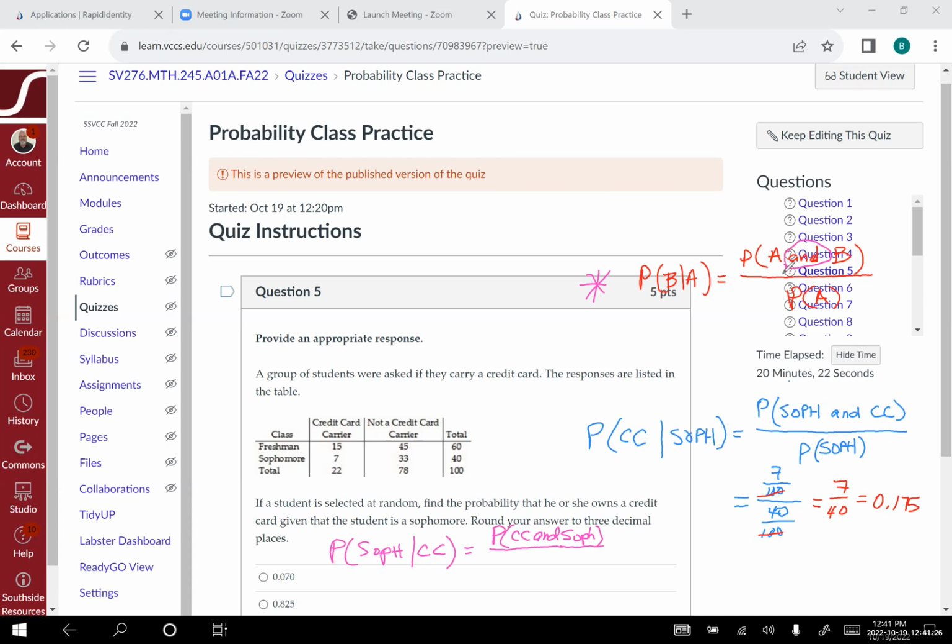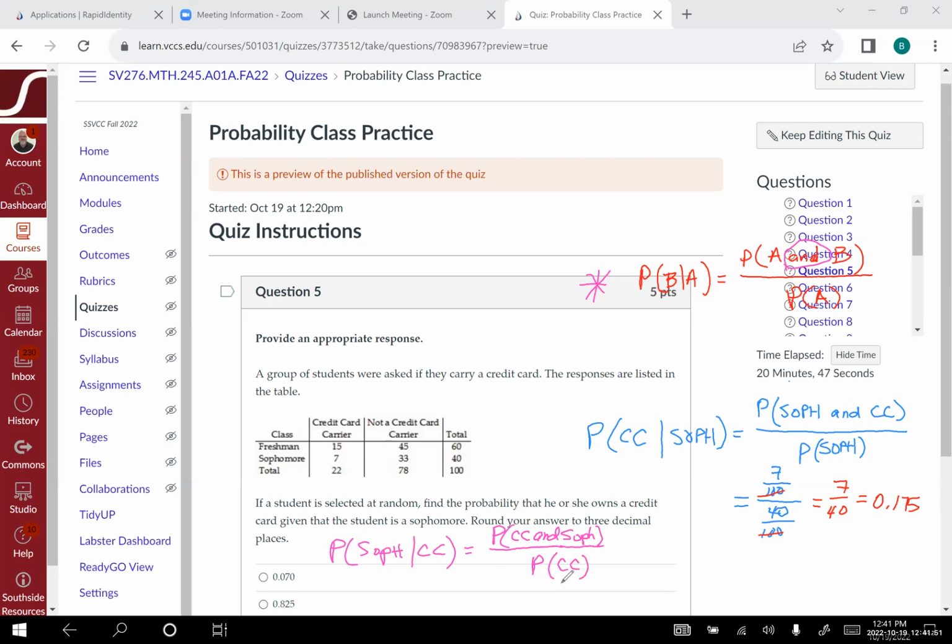The probability of A and B is the same as the probability of B and A, but we don't really need to go down that road. So our numerator probably not going to change here, but what goes on the bottom of this new problem? The probability of what? Sophomores? No, credit cards? Yeah, see, that's the difference right there.